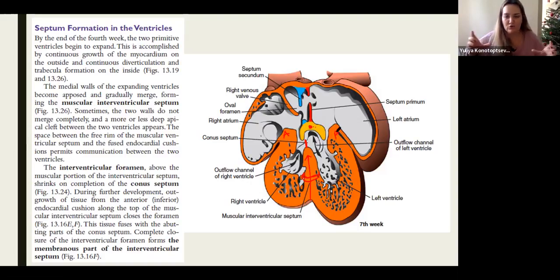And you remember I told you there is a point where they meet up, where they fuse together. So this right here is the fusion of the anterior and posterior endocardial cushions. Because of this fusion, you now have two atrioventricular canals. If you didn't have this fusion, you would have one atrioventricular canal.